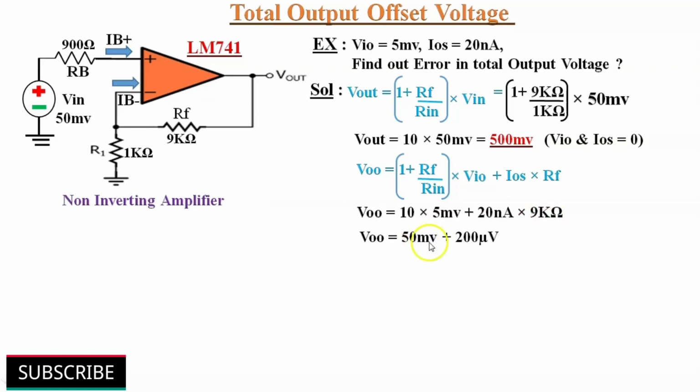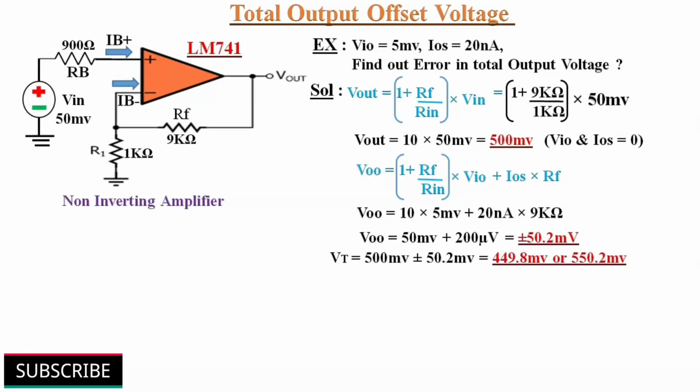That comes to 50 millivolts plus 200 microvolt. That is equal to plus or minus 50.2 millivolt error in output. This is plus or minus because it is hard to predict the polarity of this error. So our total output voltage becomes Vt equal to 500 millivolt plus or minus 50.2 millivolt. That is either 449.8 millivolt or 550.2 millivolt as total output voltage after the error.